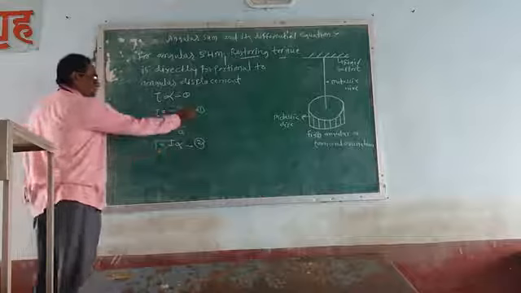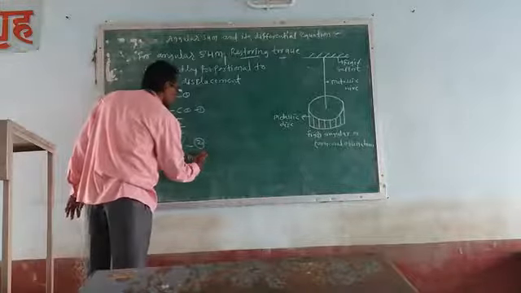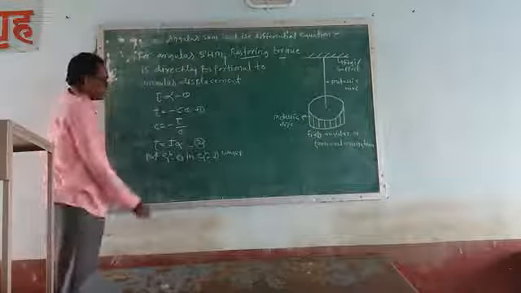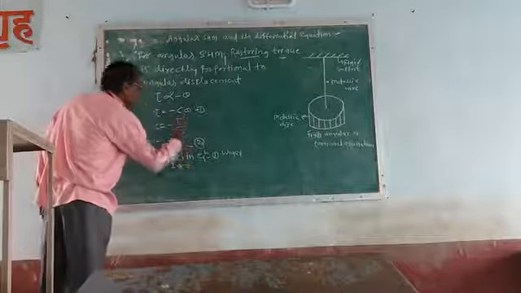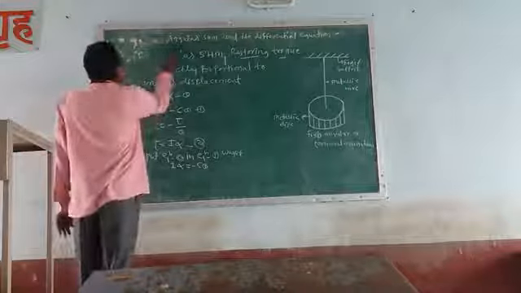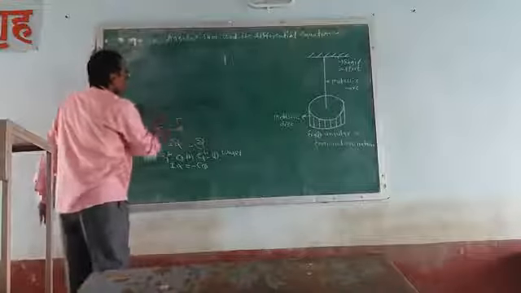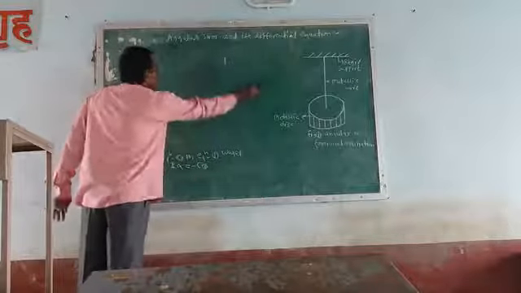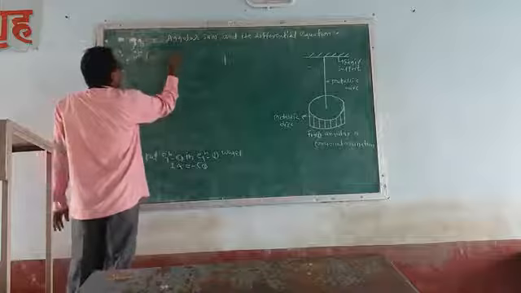Put equation 2 in equation 1, we get I alpha is equal to minus c into theta.